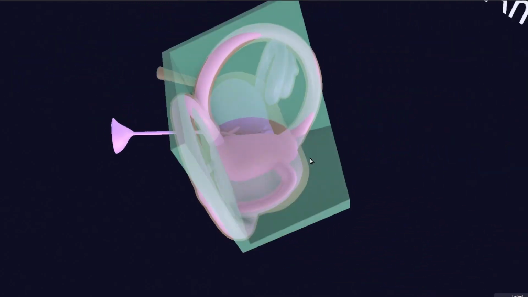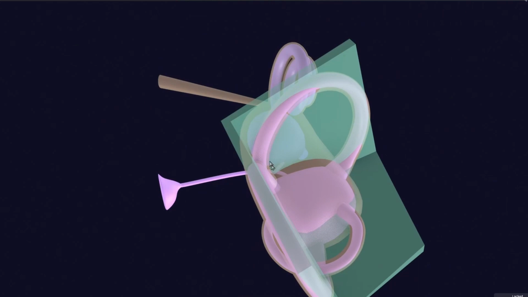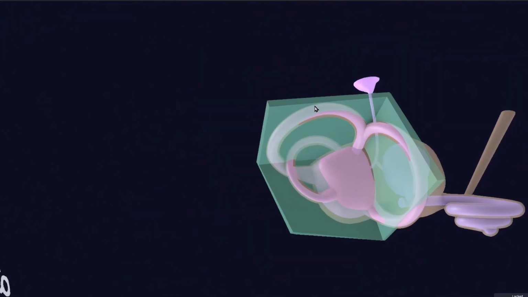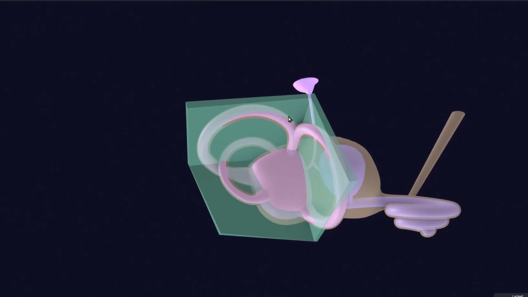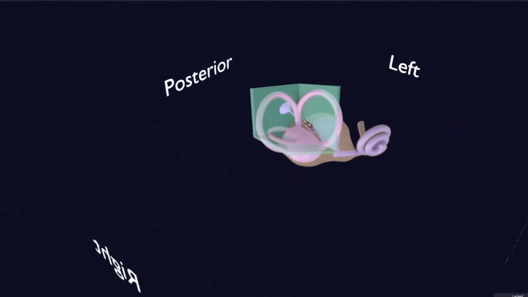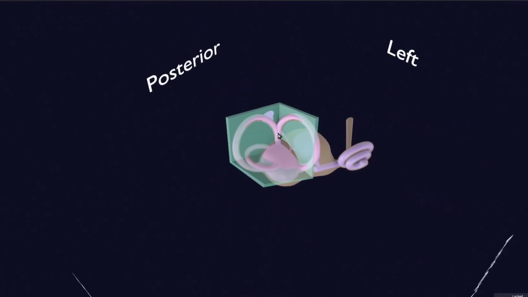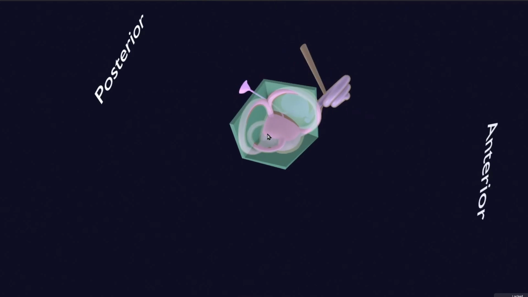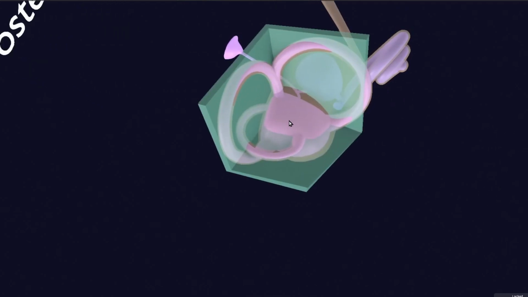Then along this anterior wall we have this anterior semicircular canal, which is also, by the way, called the superior semicircular canal. And then along the posterior wall we have the posterior semicircular canal. Of course, in this fictitious room we do not have a roof, so we do not have a fourth semicircular canal. We have only three semicircular canals.